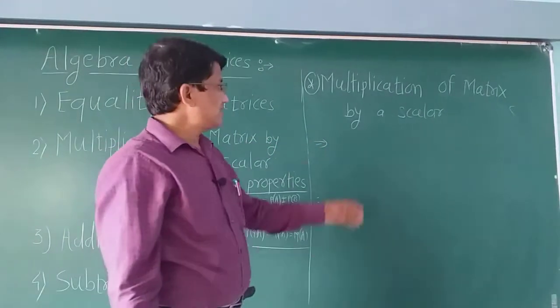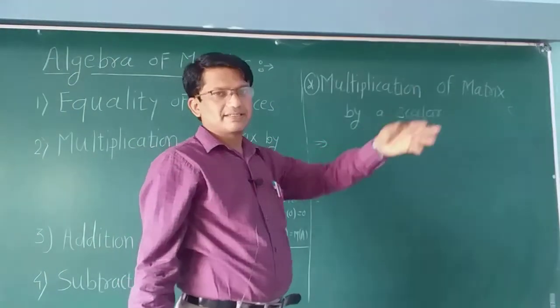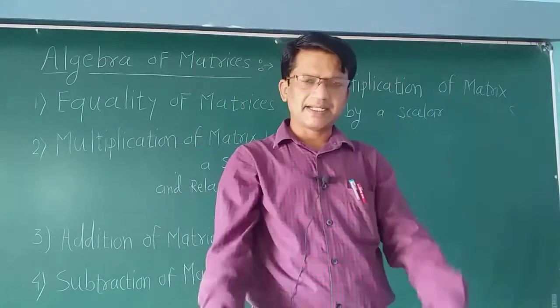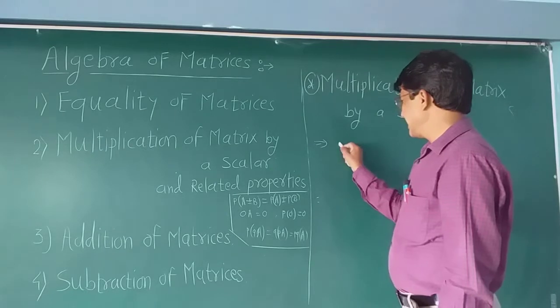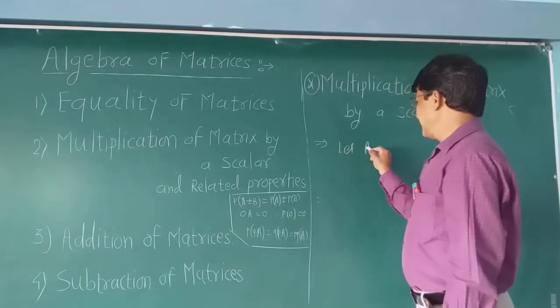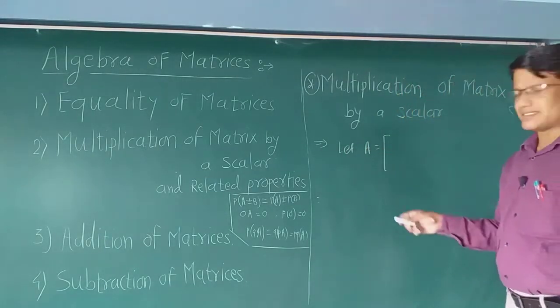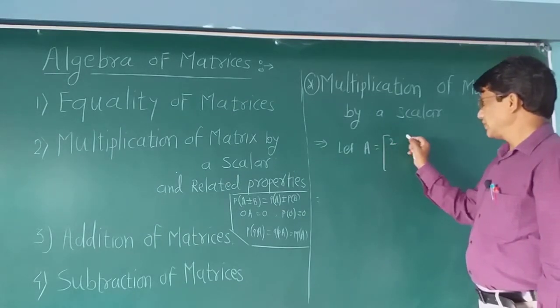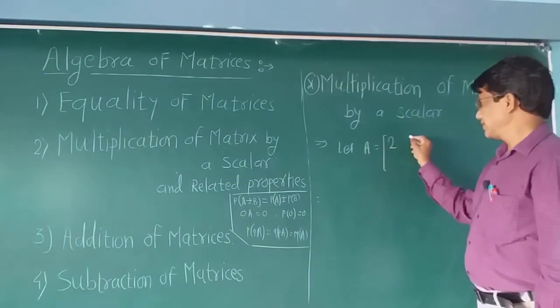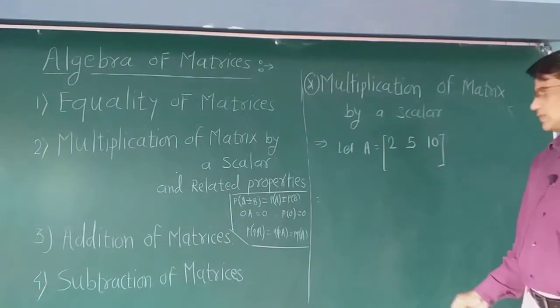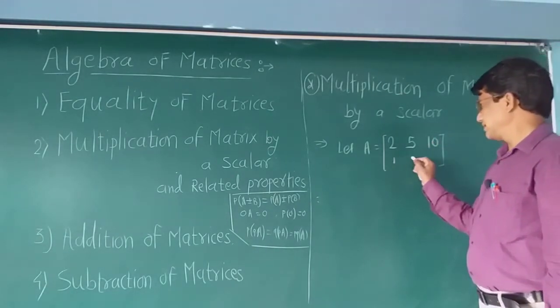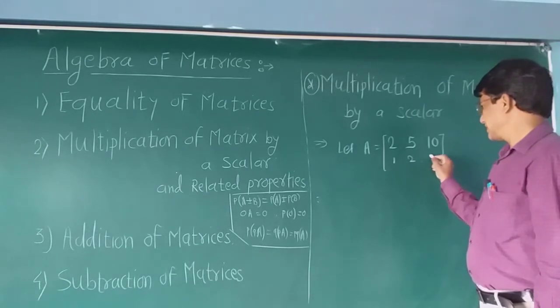Now see multiplication of a matrix. Which type of matrix? Any type of matrix. Consider a matrix A. Suppose the first row is 2, 5, 10 and the second row is 1, 2, 3.